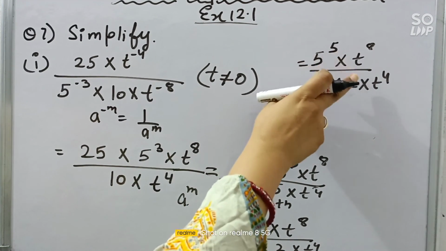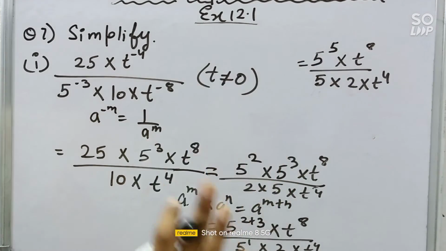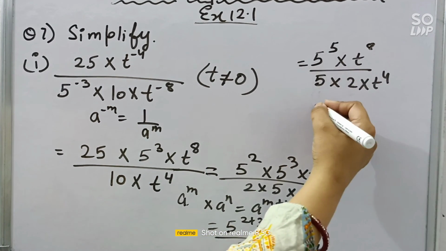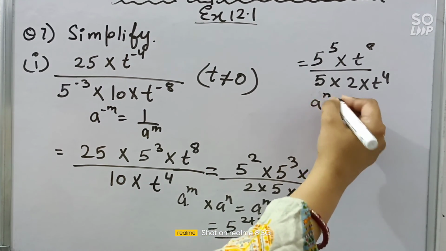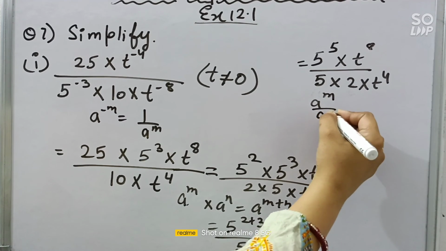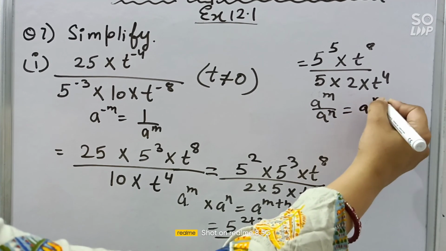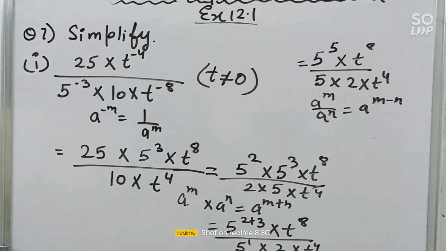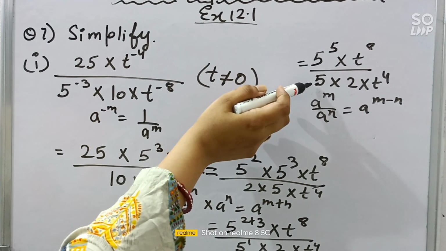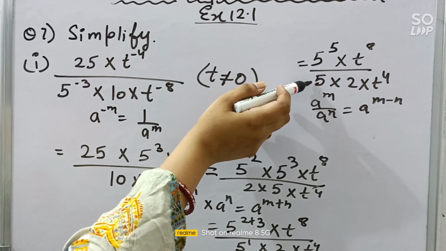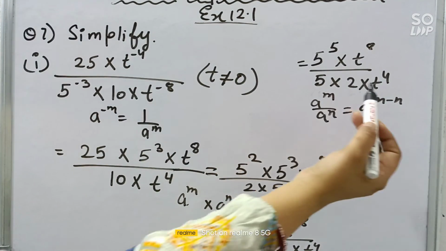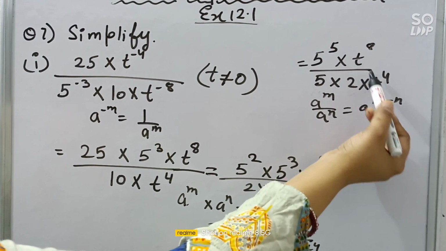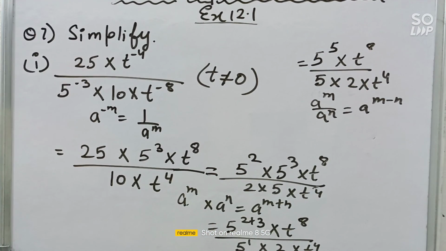Now we do not have any base or term with 2. So this 2 will remain alone. Rest we will solve with the law of exponent a raised to the power m upon a raised to the power n equal to a raised to the power m minus n. So you can see this 5 and this 5, both bases are same and exponents are different, and for this t also bases are same and exponents are different.